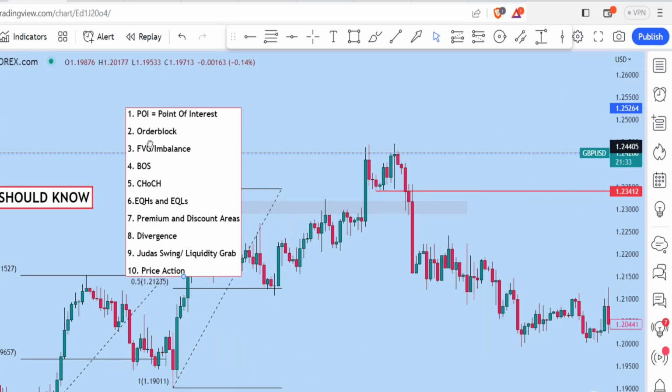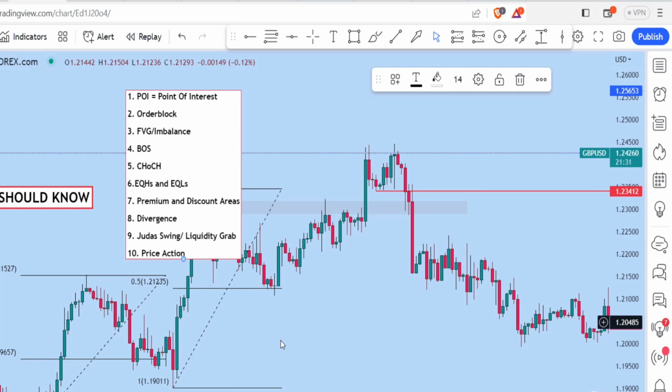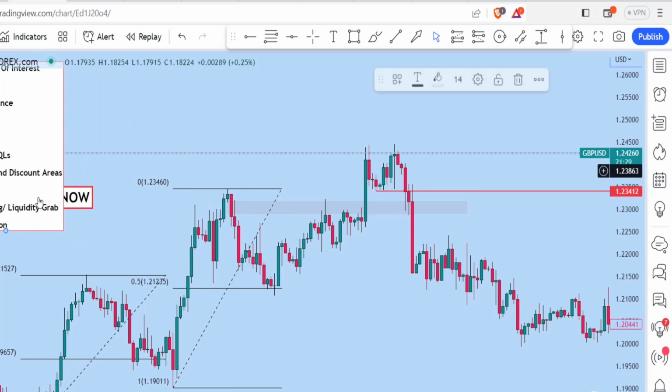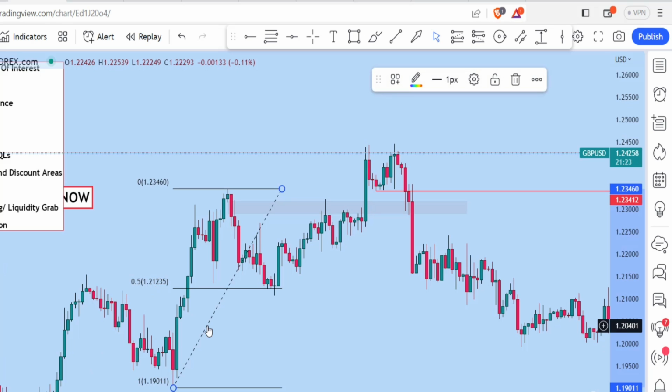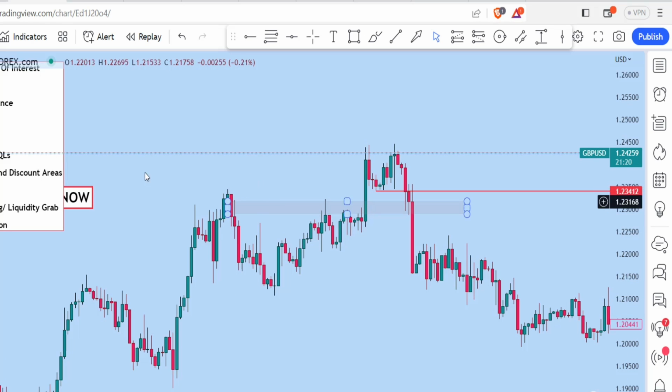The next one is divergence. Divergence is when you have a break in the correlation of two items. Assuming you have Euro USD and GBP USD that are supposed to go in the same direction. If you have a higher high, you're supposed to have a higher high on both GBP USD and Euro USD.